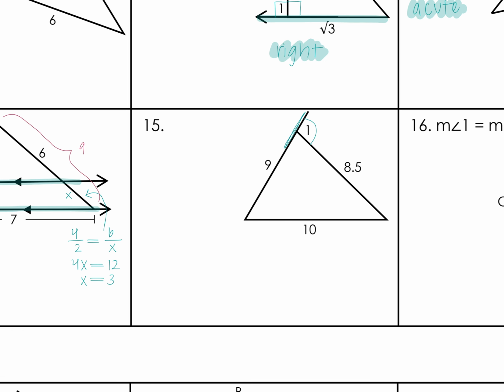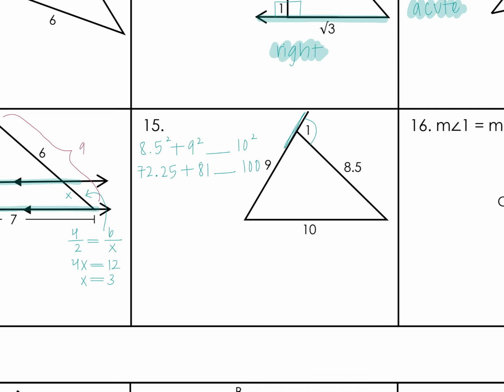Okay, so we're going to take my 8.5 squared plus the 9 squared. We'll have my c squared is 10 squared. So that 8.5 squared is going to give me 72.25 plus my 9 squared, which is 81. And then we'll have our 100 on the other side.